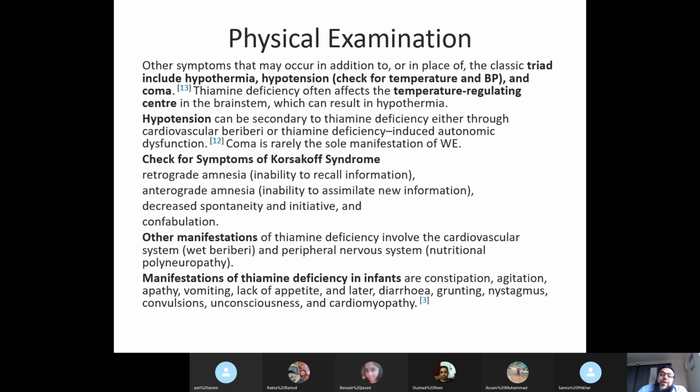But once they have come out of that confusion, then I will go for the detailed memory testing for Korsakoff. Cardiovascular symptoms, you can do the CVS examination, and the peripheral nervous system, as we have already said. Ask for symptoms, for example, constipation, agitation, apathy, vomiting, lack of appetite, grunting, et cetera.